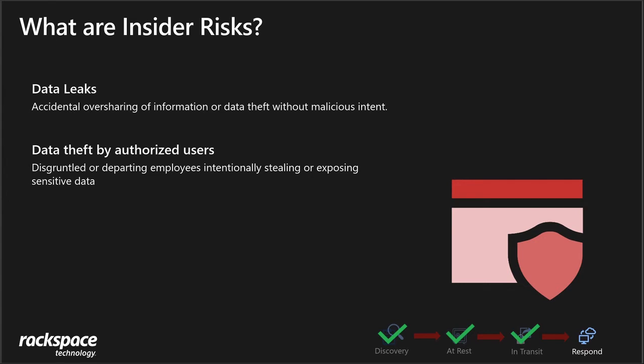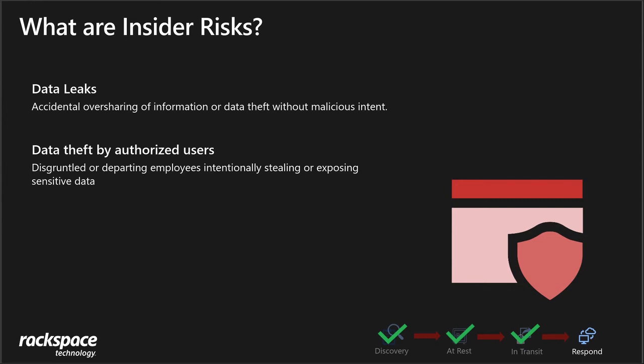But for the detection and response activities, like I mentioned around insider risks, it's helpful to define what we mean by them. Generally, there are two types of insider risks. There's data leaks, which are generally accidental, not a malicious attempt. This is an instance when someone accidentally overshares or puts a document someplace that's not well protected, and the data leaks from the company.